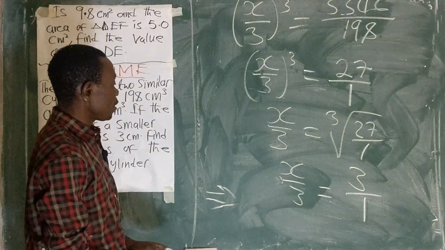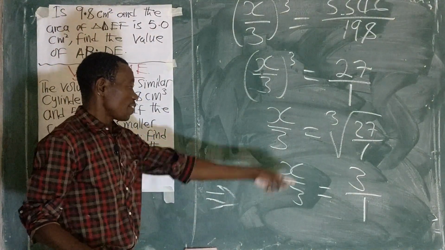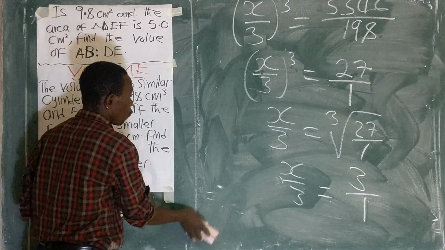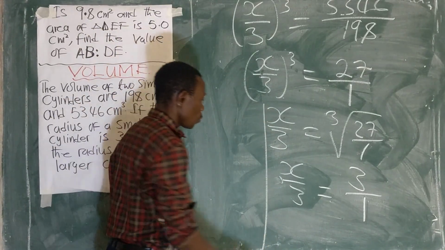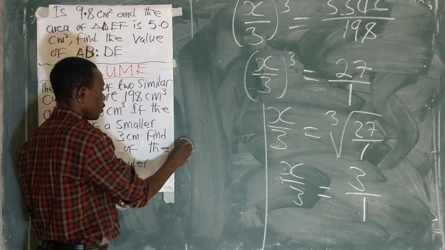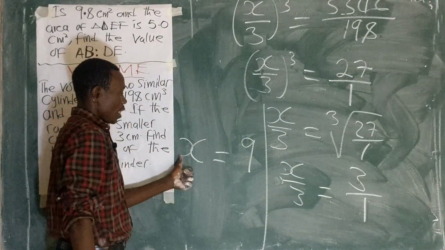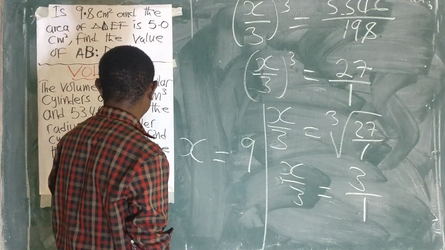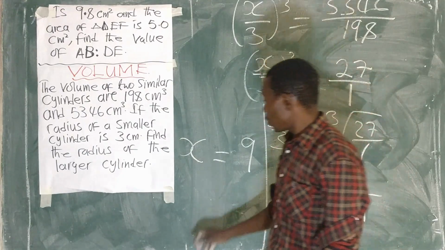From that stage, you can just cross multiply, 1 times x and 3 times 3, to find the value of x. So we have x times 1, which is x, and 3 times 3, which is 9. So x is equal to 9, which means the radius of the larger cylinder must be equal to 9.